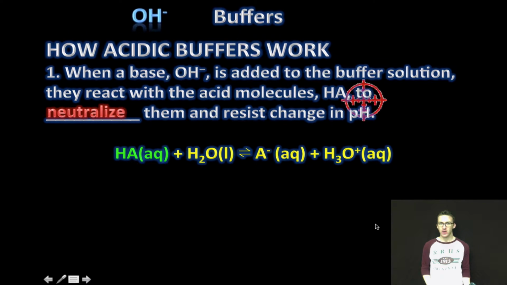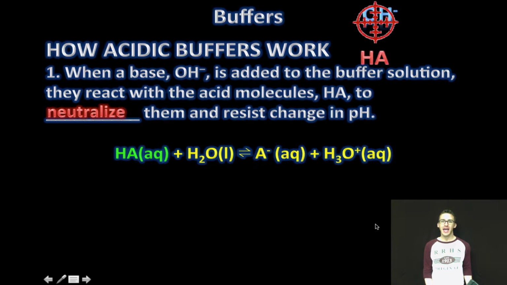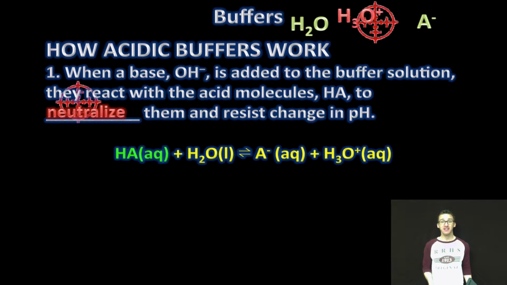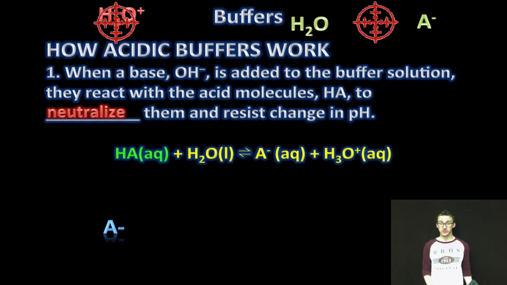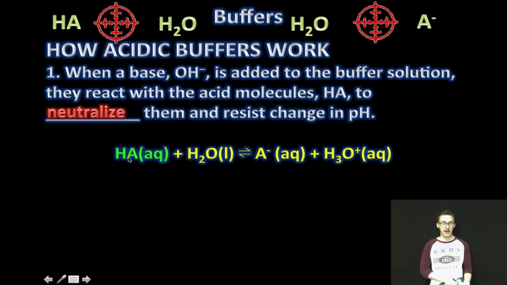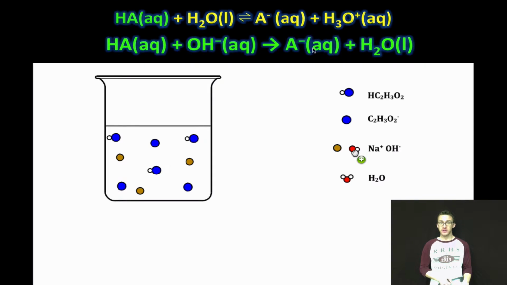All right, so how does it work? Well, when you add a strong base to a buffer system, there is a weak acid molecule there to neutralize it. In this case, we're talking about generalized HA. So the equation to represent how it resists the change in pH is represented here in green. That weak acid molecule will react with the hydroxide ion to form more conjugate base and water, effectively neutralizing that added base.